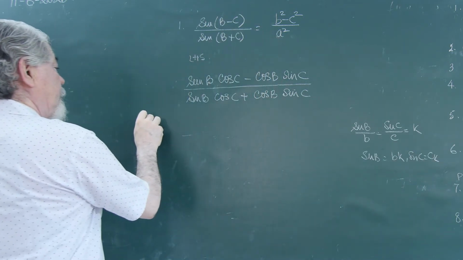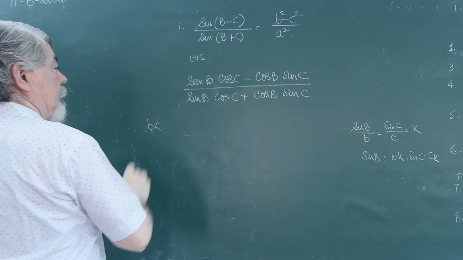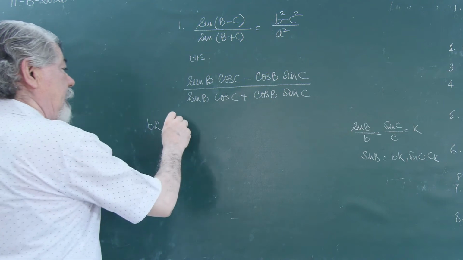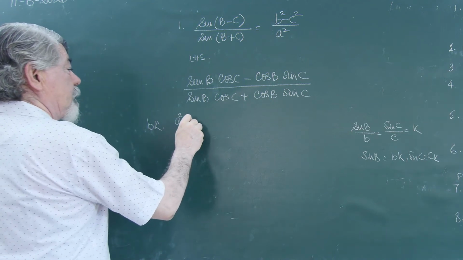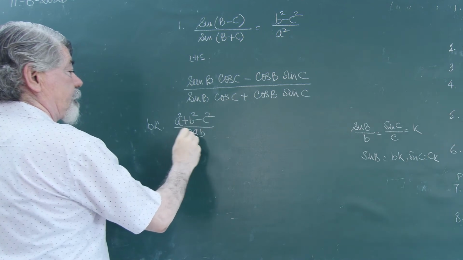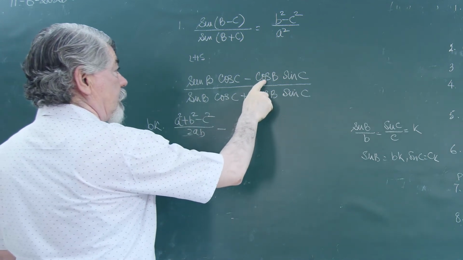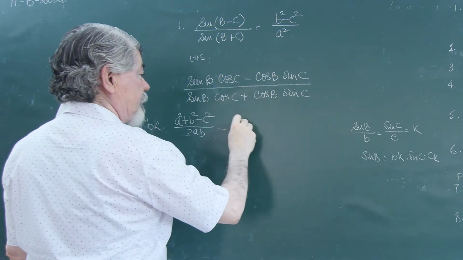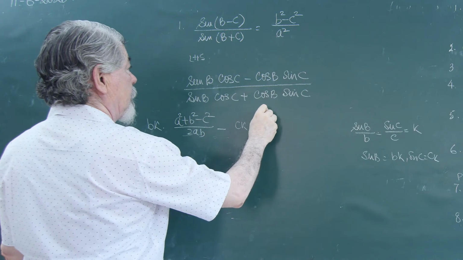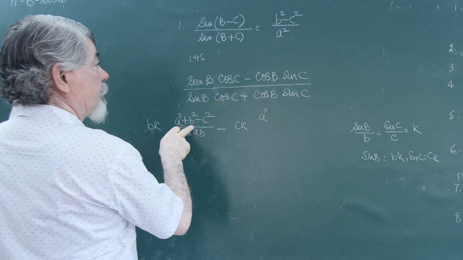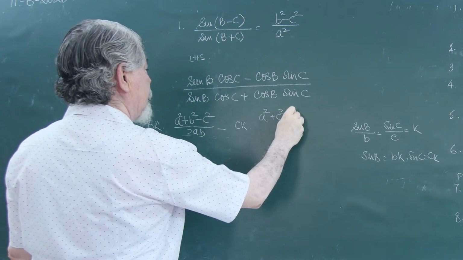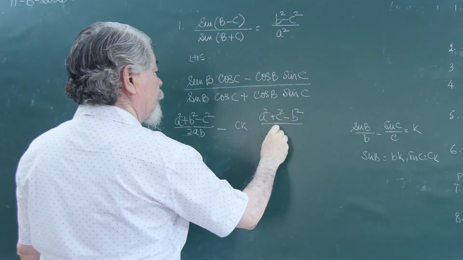So I can write it as bk, and cos c I'll write by the formula as (a square plus b square minus c square) upon 2ab, minus sine c, which is ck, and cos b, which will be (a square plus c square minus b square) upon 2ac.